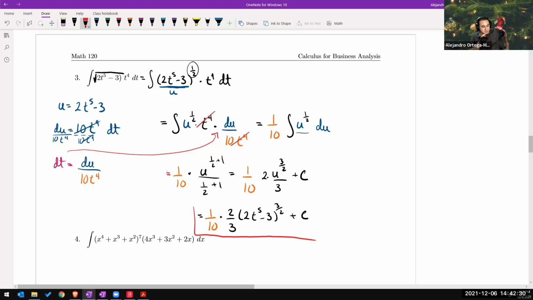Thoughts or comments here, guys? What do you mean at the end? At the last step?